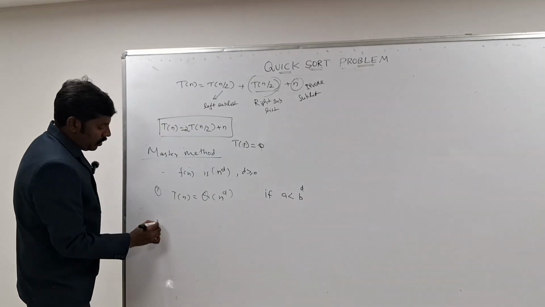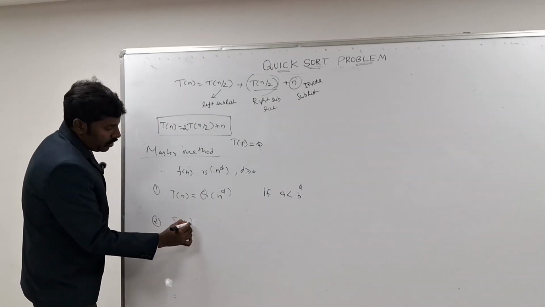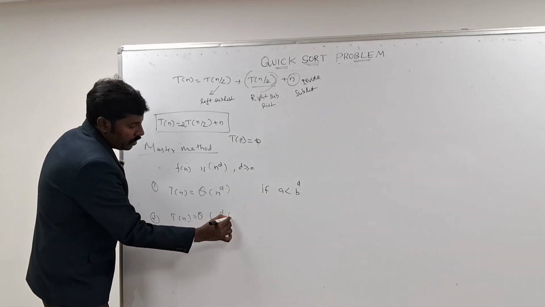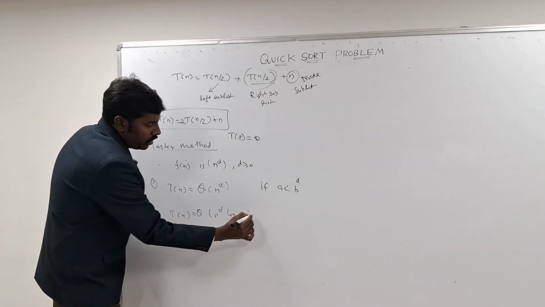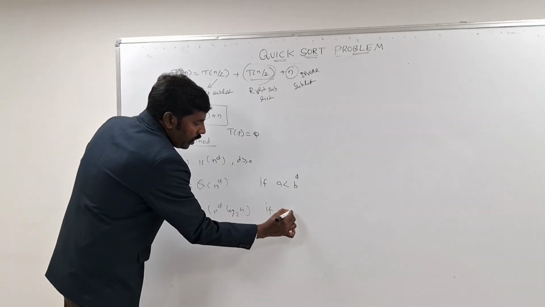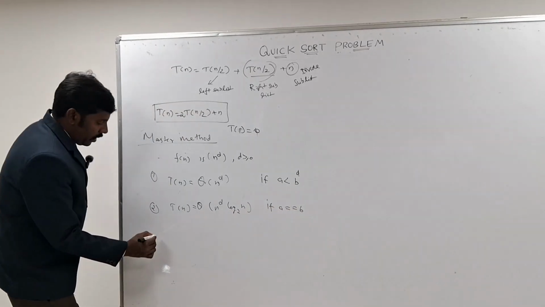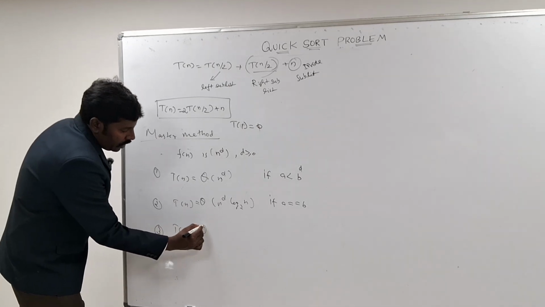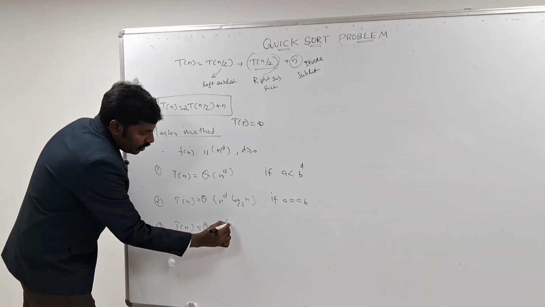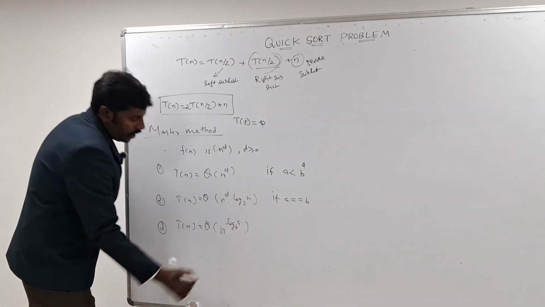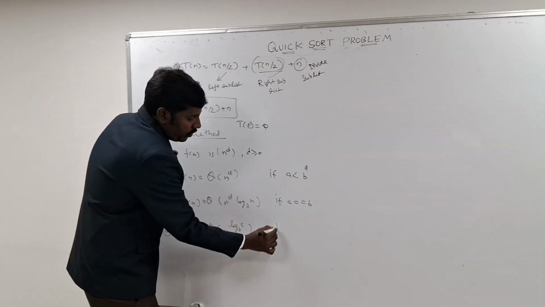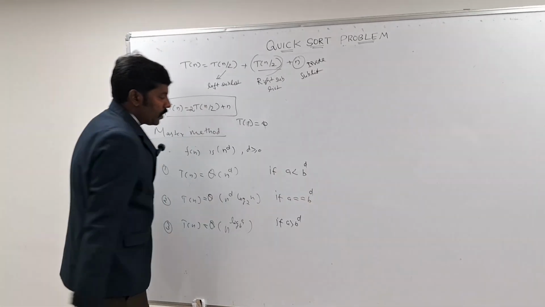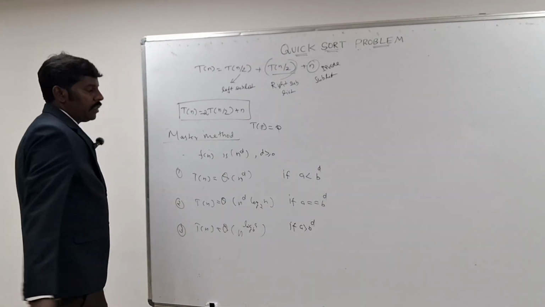The second one, T(n) = Theta(n^d log n) if a = b^d. The third condition is T(n) = Theta(n^(log_b a)) if a > b^d. This is the master method theorem.